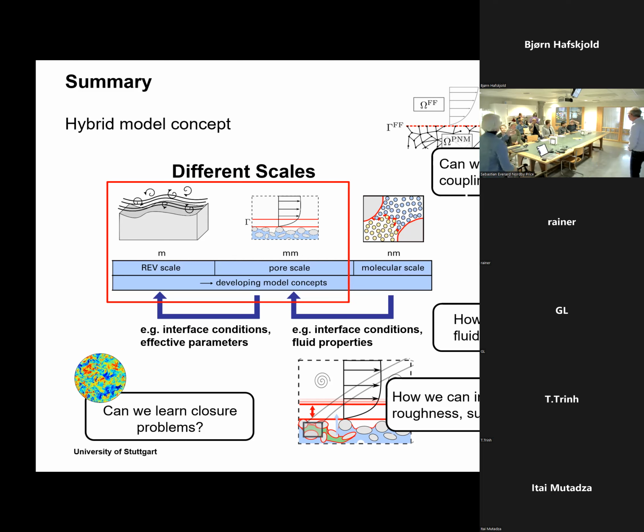Alex, sorry. We have these really two liquids and interfaces.